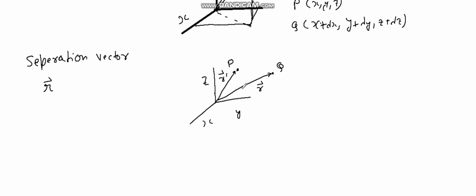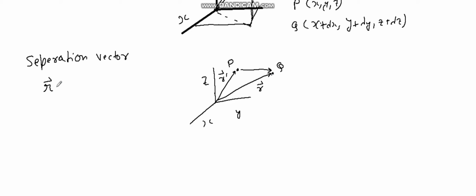So the separation vector is this vector. If this P point is a charged particle and this is the Q point, maybe a point where we are trying to figure out the electric field, then this separation vector tells the distance between these two points, how this charge, which is the source, is separated from the point where we are testing the electric field of that charged particle.